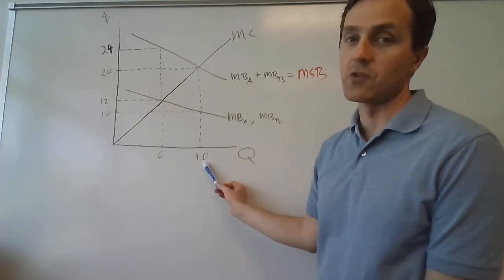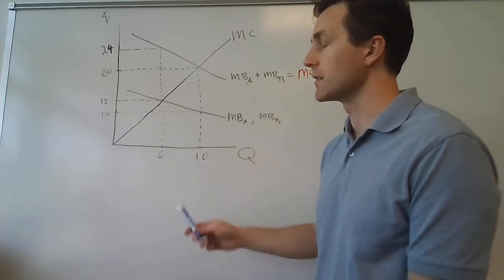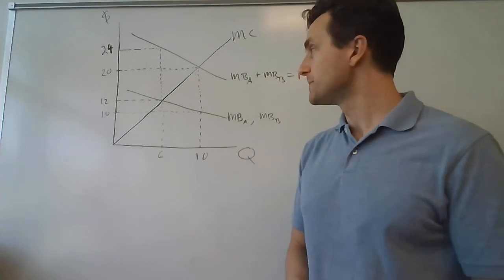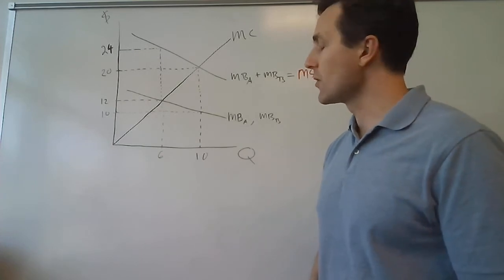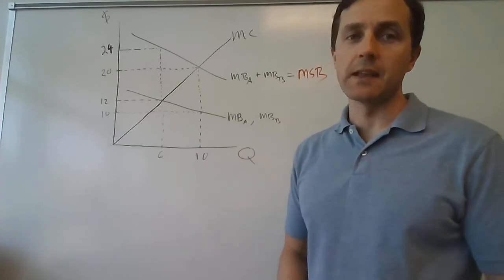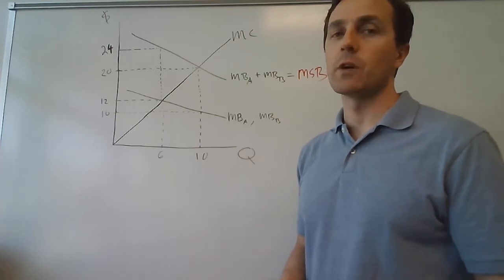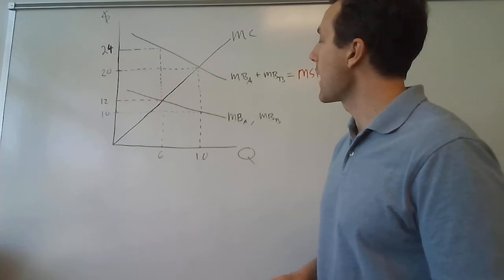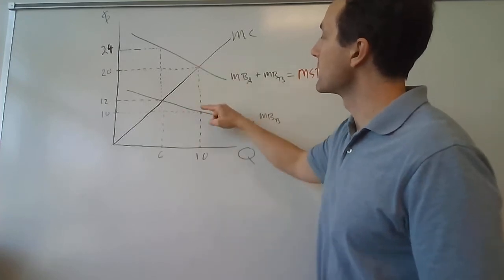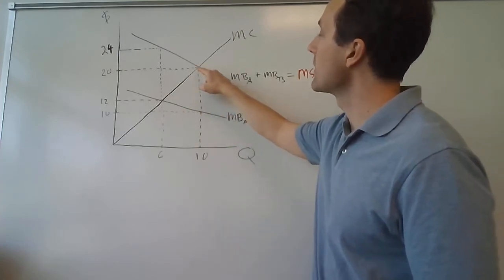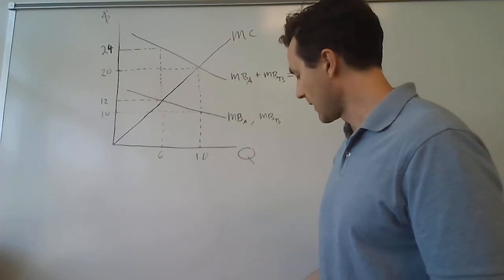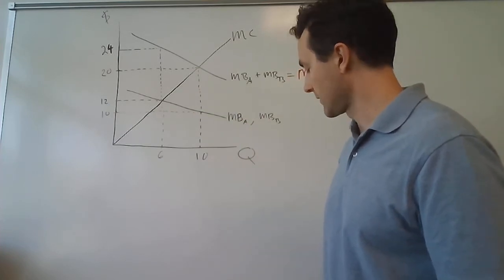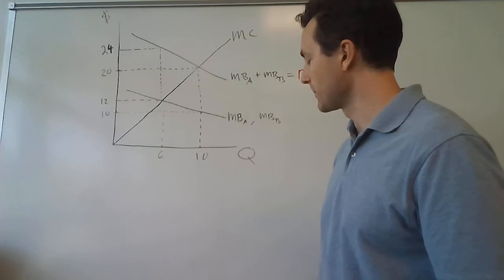The quantity associated with this point is 10 units, so 10 units of the public good would be optimal. And so for the subsidy that would induce people to want to buy that quantity, we need to figure out how much we need to raise people's marginal benefits to get up to that point so that they would be willing to pay the marginal cost of the public good.